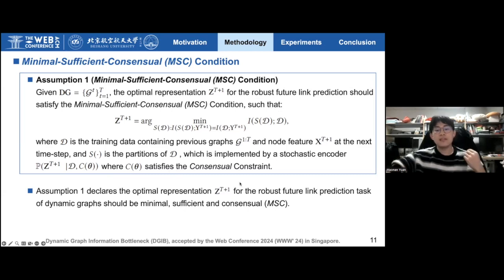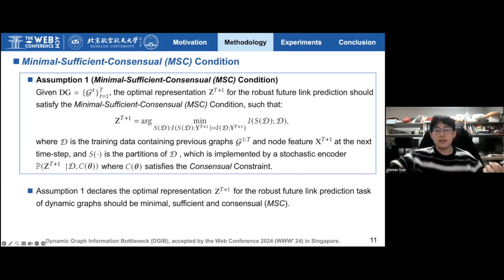So in simple terms, this assumption declares that we first need to optimize the S function and find a way to partition the input information so that the mutual information between SD and the label Y is equivalent to the mutual information between the original input D and the label.